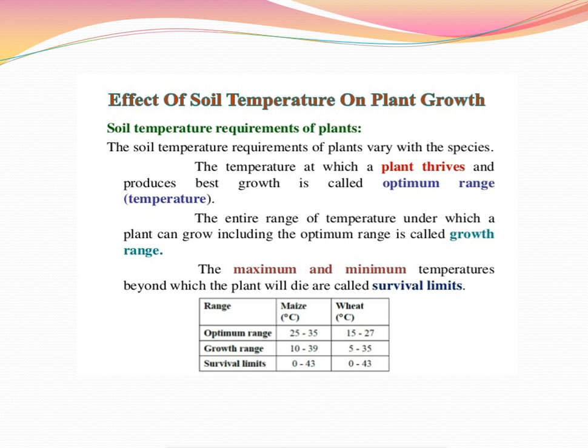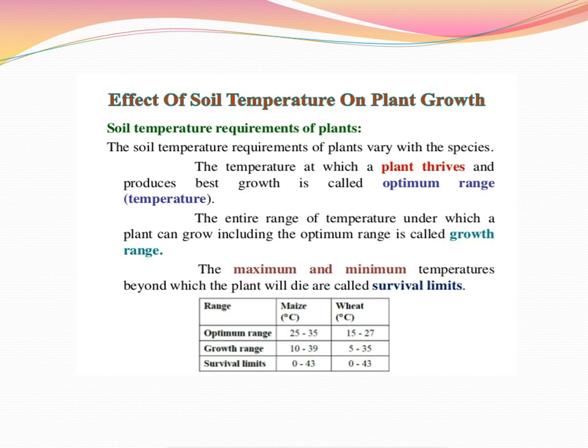Above that, it severely limits growth. It is called the maximum temperature, and below which temperature also limits growth, and certain plants die, is called the minimum temperature or survival limit.